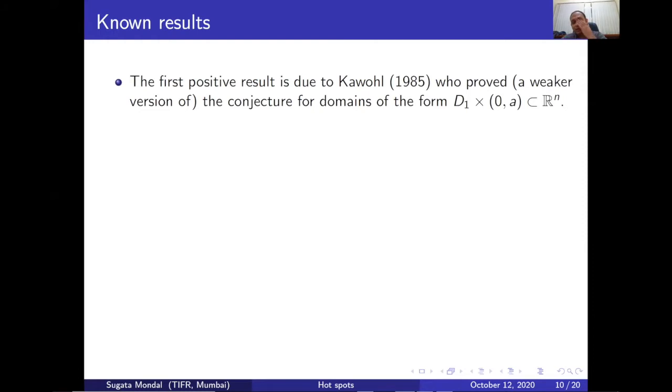D1 is again a nice connected domain with Lipschitz boundary, and (0,1) is a nice interval. If you take this kind of domain, then the conjecture is true in the sense that the second Neumann eigenspace has at least one eigenfunction whose global extrema appears on the boundary.